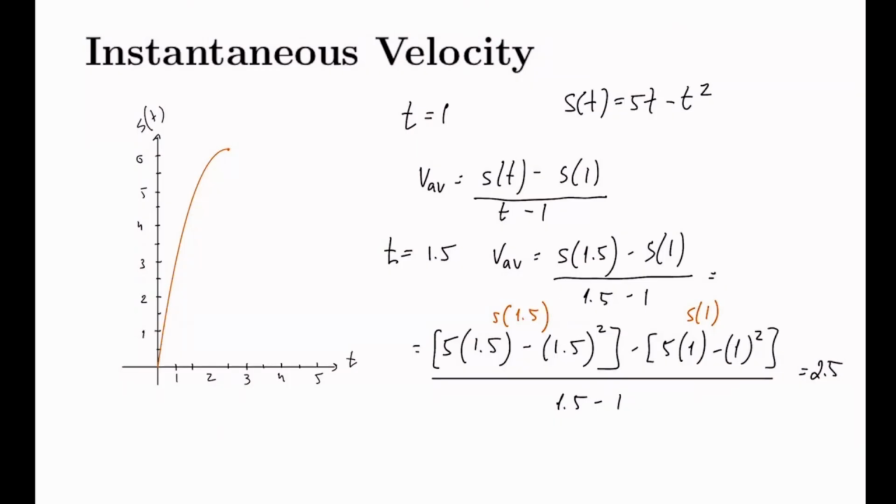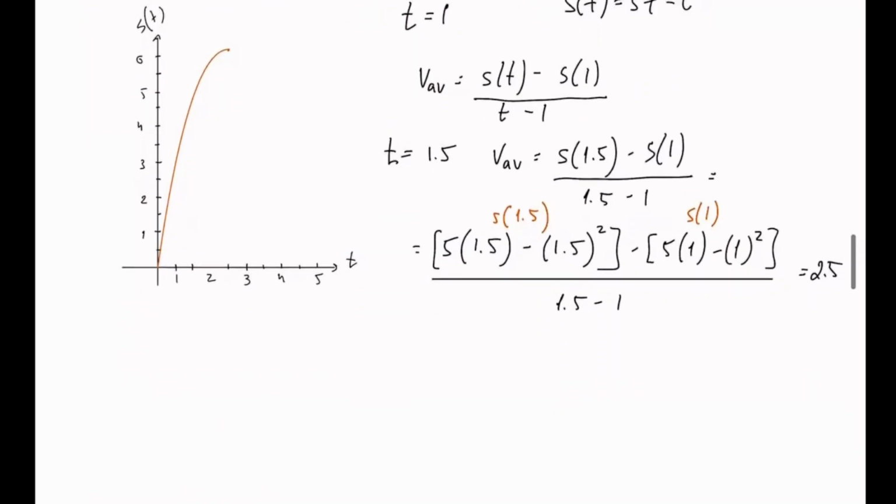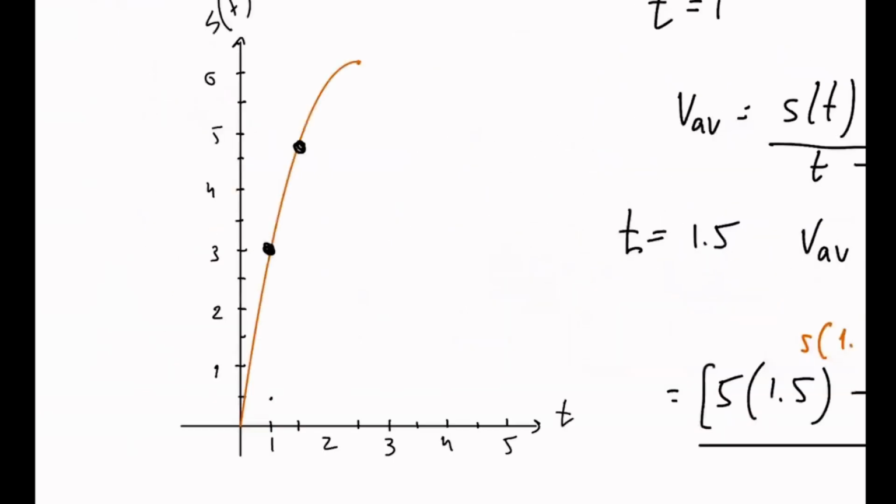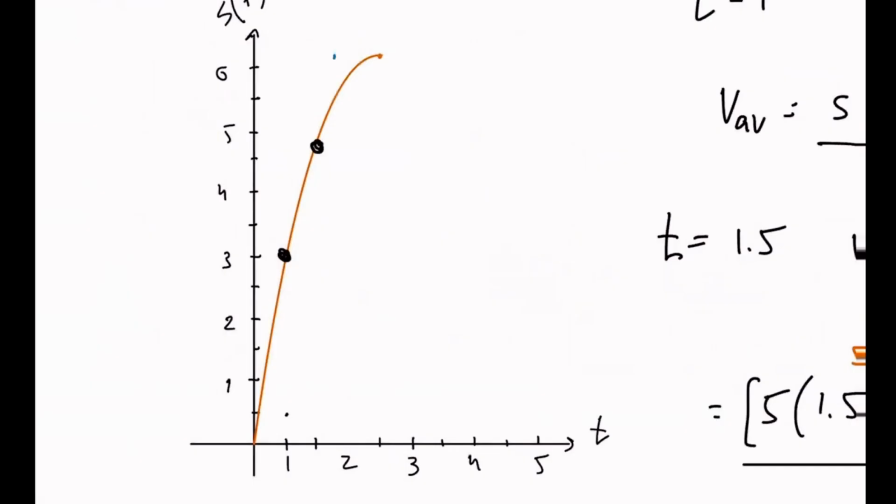Okay, now graphically it looks like this. So we have a point right here, and then 1.5 is going to be a point right here. So if I zoom in, I have a secant line like this.